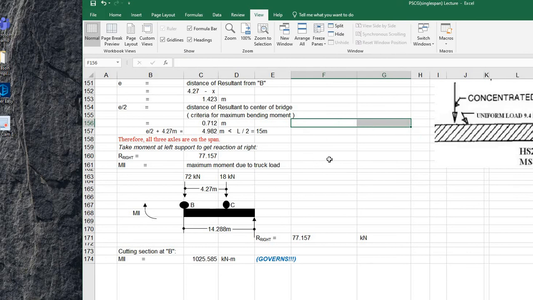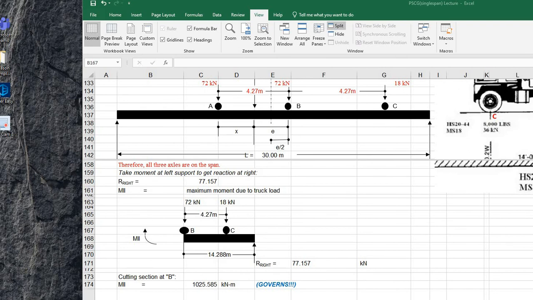Now, let's take moment at the left support to get the reaction at the right. Based on this figure, where is the larger reaction? Would it be at this end or this end?